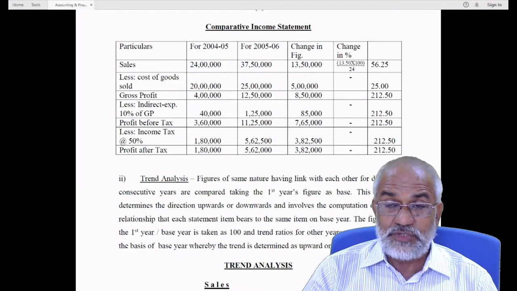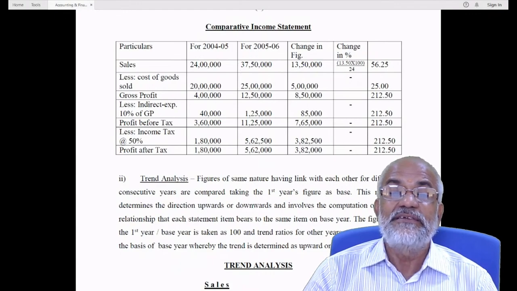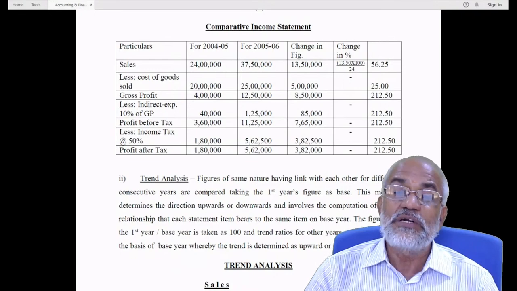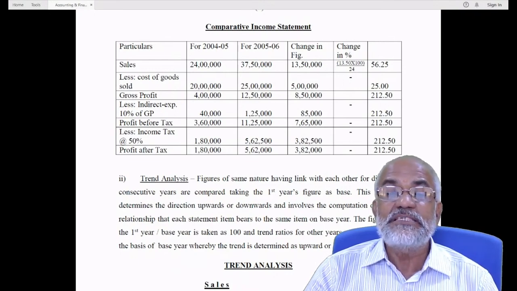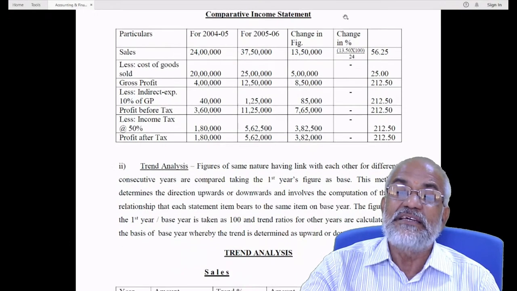The first year's figure has to be taken as base, and it may be taken as 100, and accordingly the percentage has to be calculated. This method determines the direction, upwards or downwards, and involves the computation of the percentage relationship that each statement item bears to the same item in the base year.